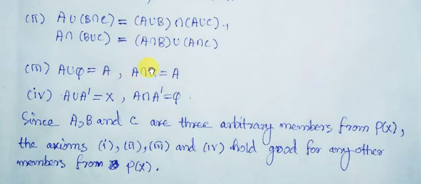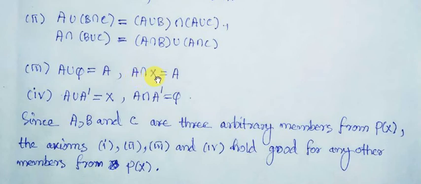And if we consider the universal set, whole set X, and A being a subset of this set X, A intersection X equals A. So we can say that phi is the additive identity, because in place of addition we are considering this union operation, and X is the multiplicative identity, because in place of multiplication we are considering this intersection.